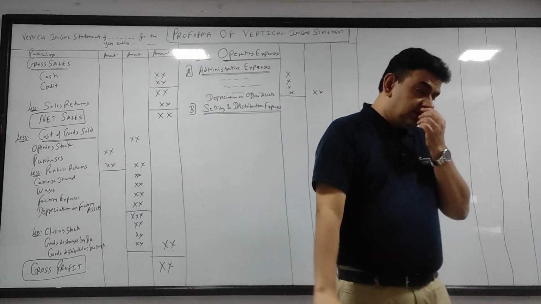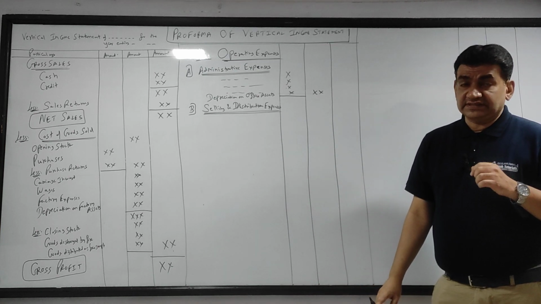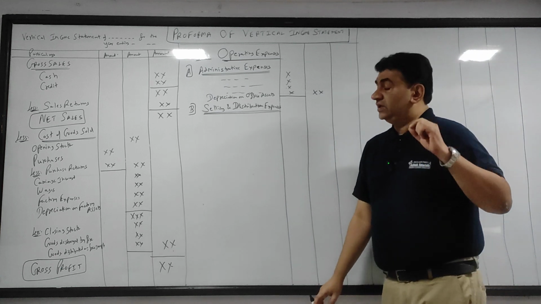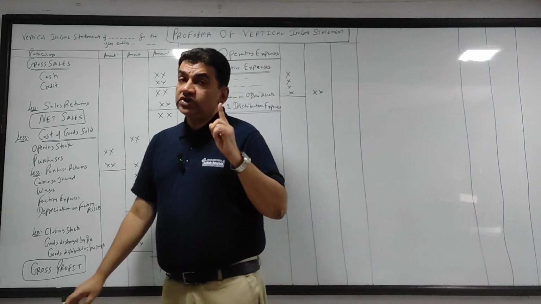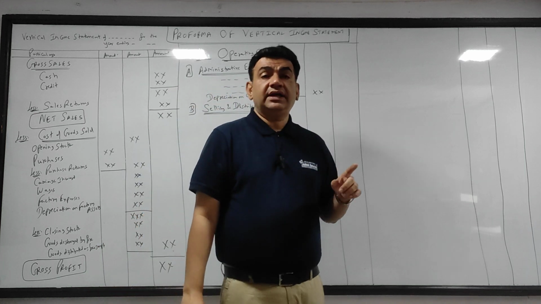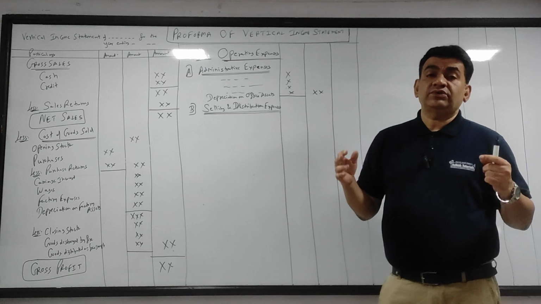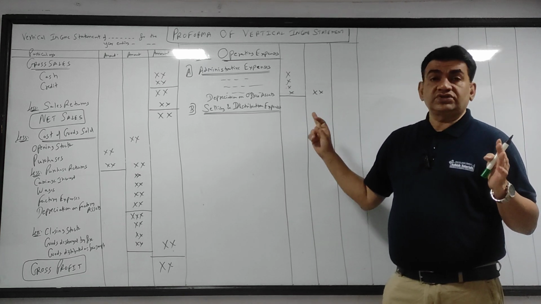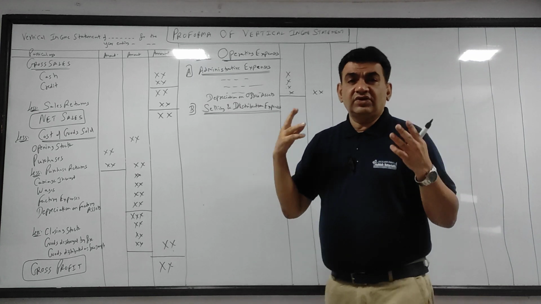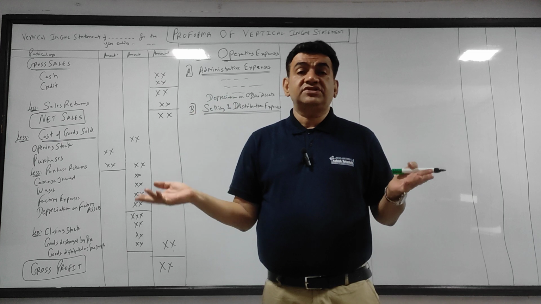Now see, when I say selling and distribution expenses, it means those expenses which are required to sell the goods, market the goods, distribute the goods. Those expenses which are required to sell, market and distribute the goods are your selling and distribution expenses. Very simple. You are doing it since FYG. Tell me, which are the expenses connected to sale and distribution?